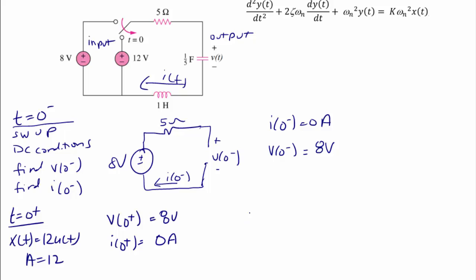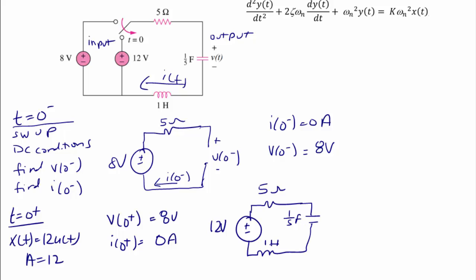And we're now going to analyze this new circuit in order to find the second order differential equation, which we're going to use to solve for V of t. So I have the 12-volt source, the 5-ohm resistor, the 1/5 farad capacitor, and the 1 Henry inductor. And then I define the current around this loop as I of t.